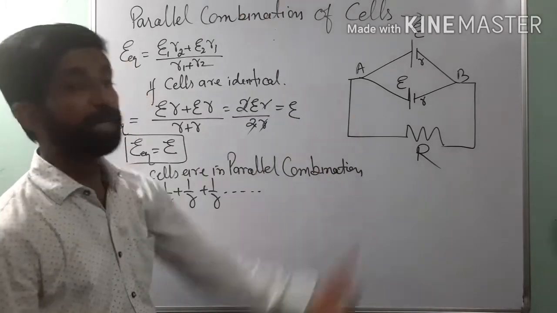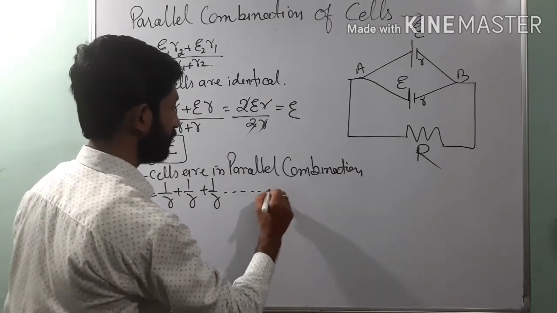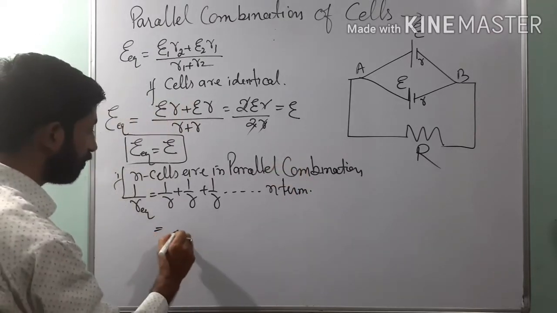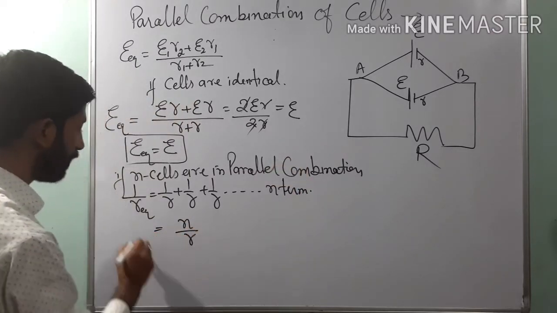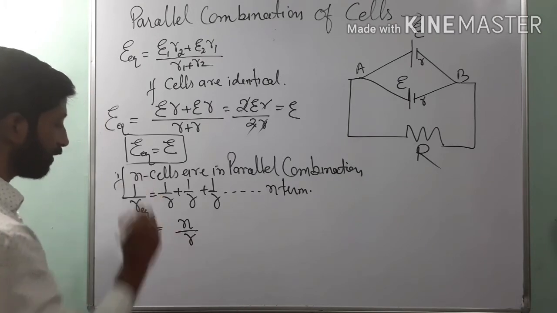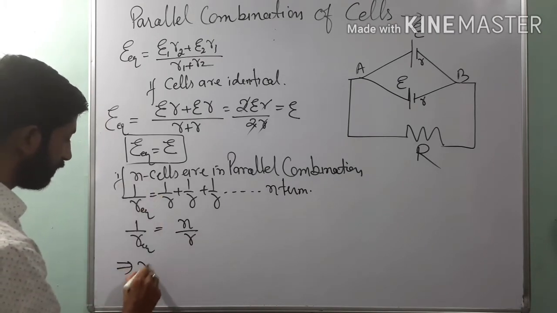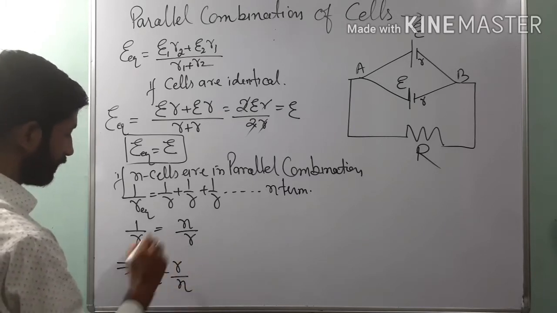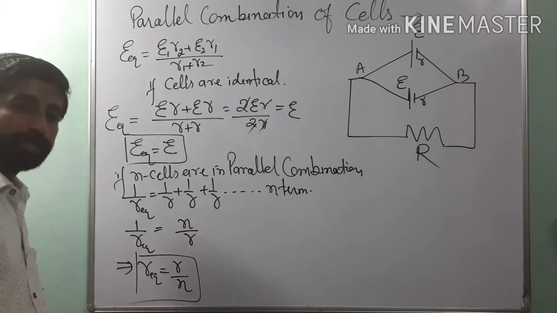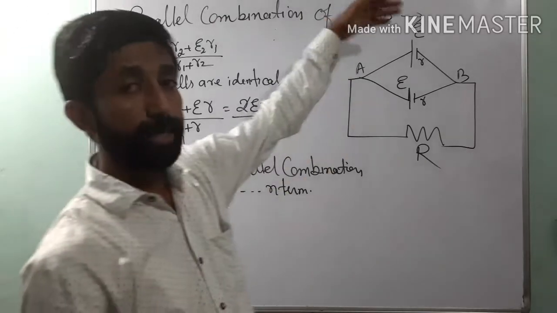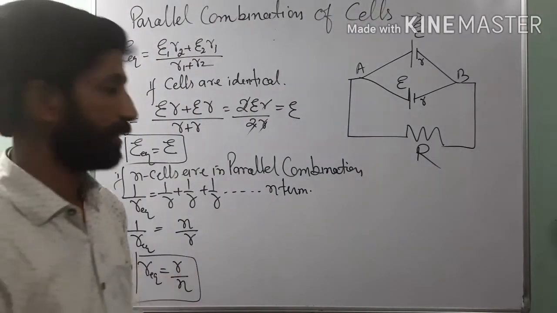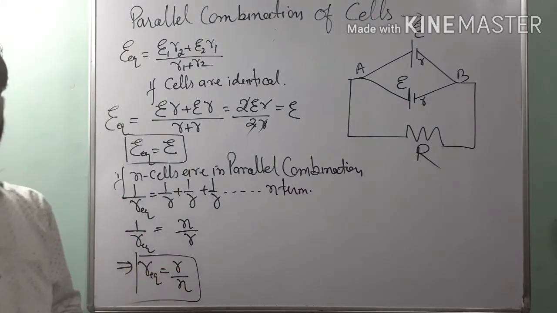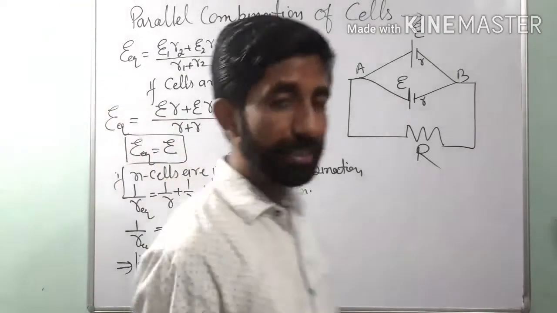Suppose we have n number of cells, so they all become n over R. So 1 upon R equivalent is equal to this, and R equivalent is equal to the internal resistance of any of the cells divided by the total number of cells connected in parallel combination, that is n. So this is the equivalent internal resistance of the cell combination.